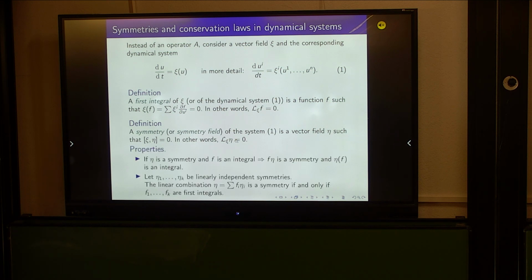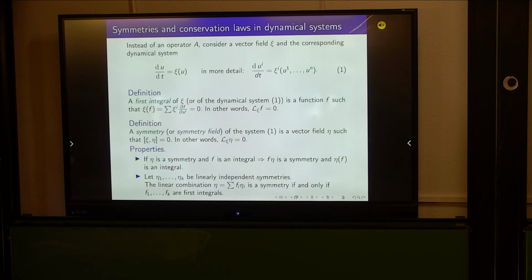So there are some properties of first integrals and symmetry fields. They are somehow related to each other. I just want to mention a couple of them. If I consider the symmetry and the integral, and multiply them, so if I consider the product f eta, then it is still a symmetry, and if I apply eta to f, along eta, then I will get an integral.